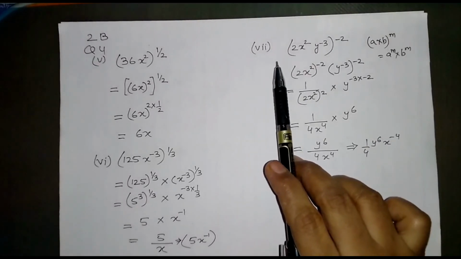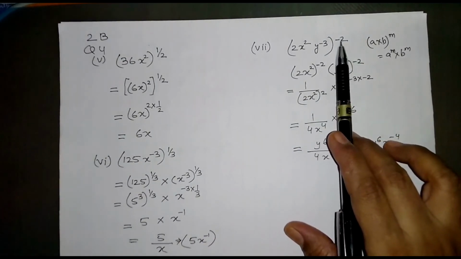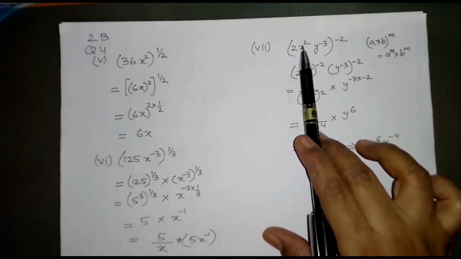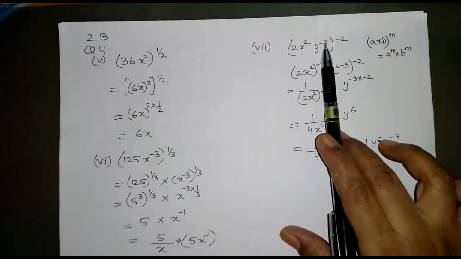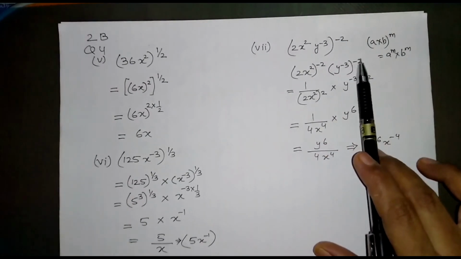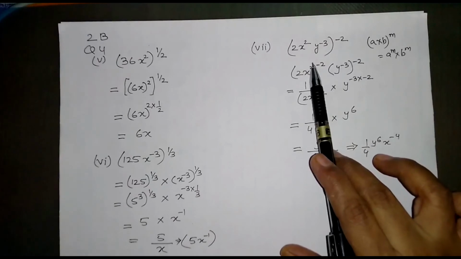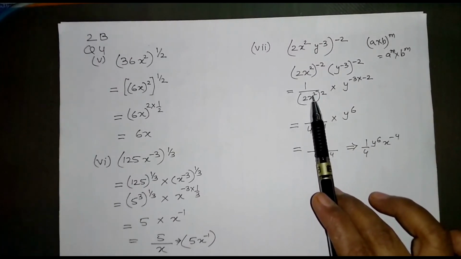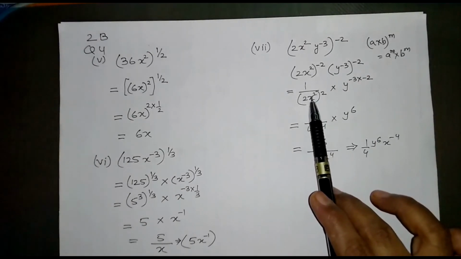Our next sum, 7th sum, we are separating the powers for two terms. 2 raised to x square raised to minus 2, y raised to minus 3 raised to minus 2. First we'll change it into positive by writing its reciprocal and then square it. This square is for 2 also and x square also.